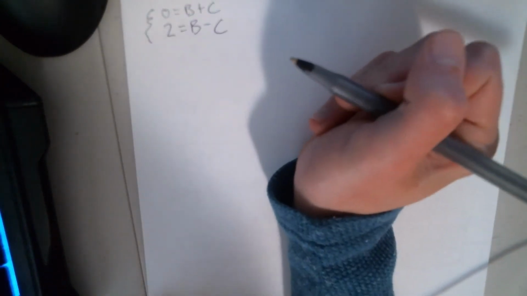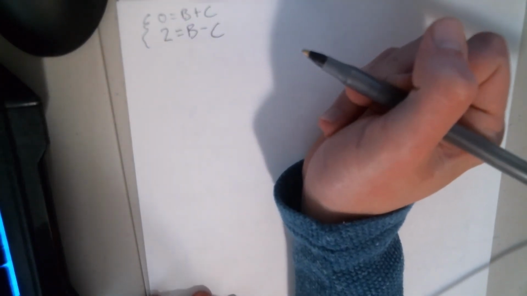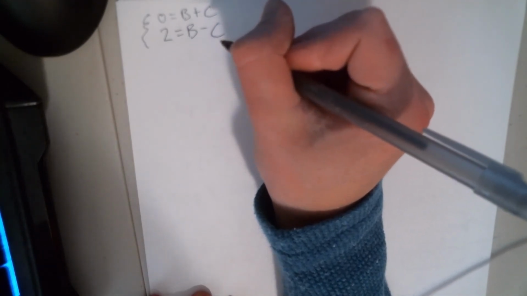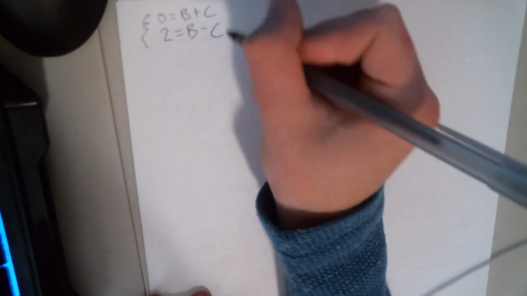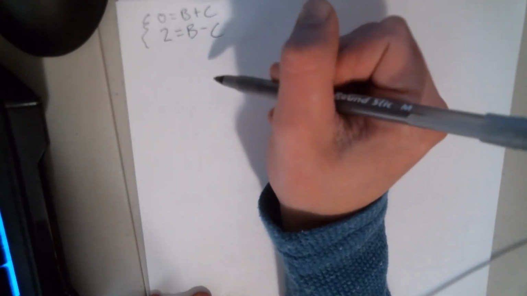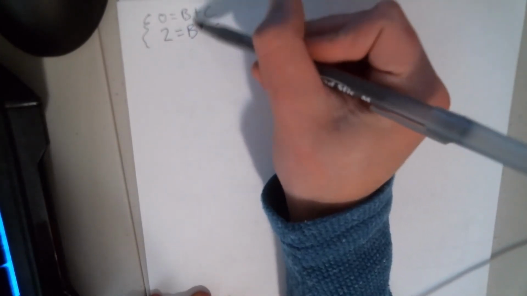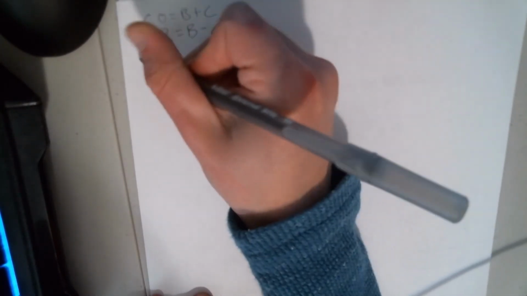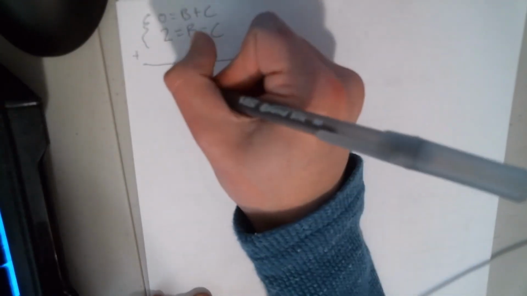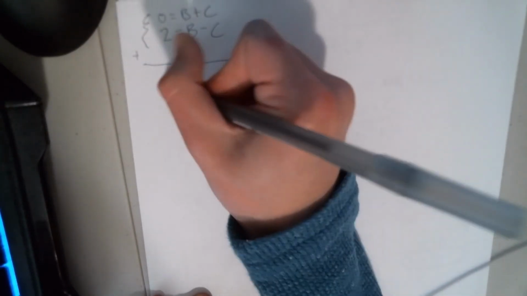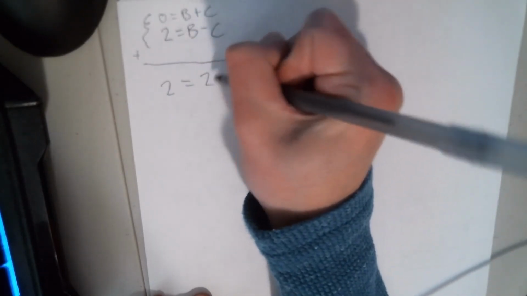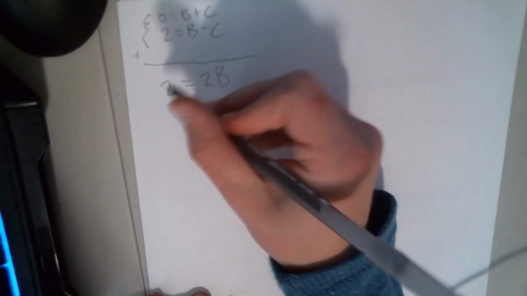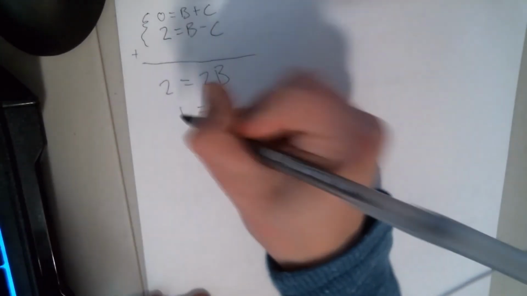So how I would solve this is I would either use substitution or elimination. In my case, I think elimination would be pretty easy because these are already opposites of each other. So I'm going to add these two equations together. These two add together, we get 2 is 2b. And then we would divide by 2. So we get b is 1.